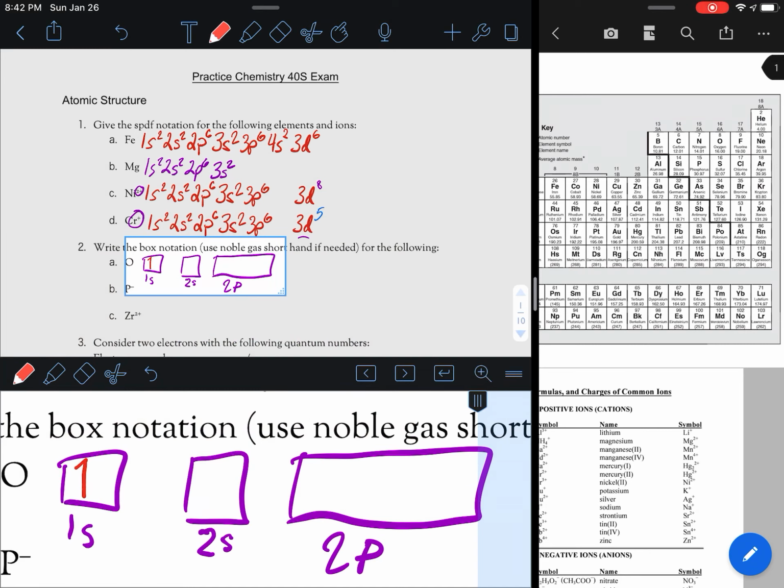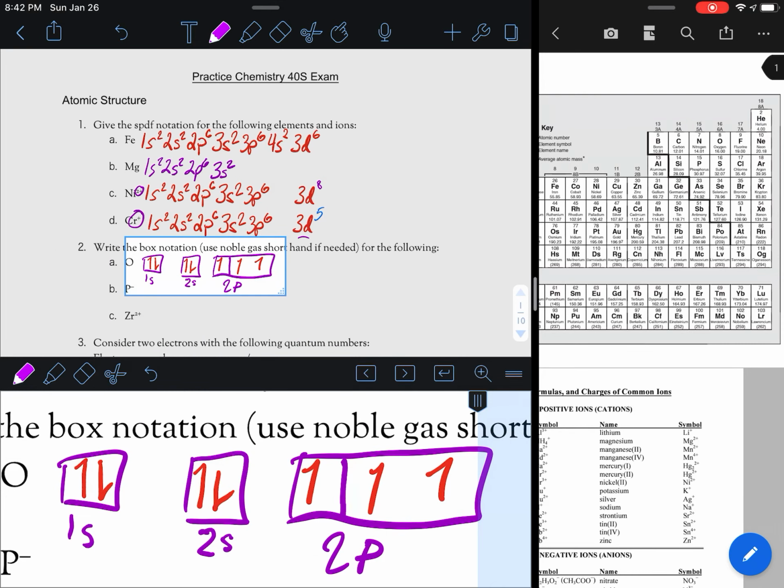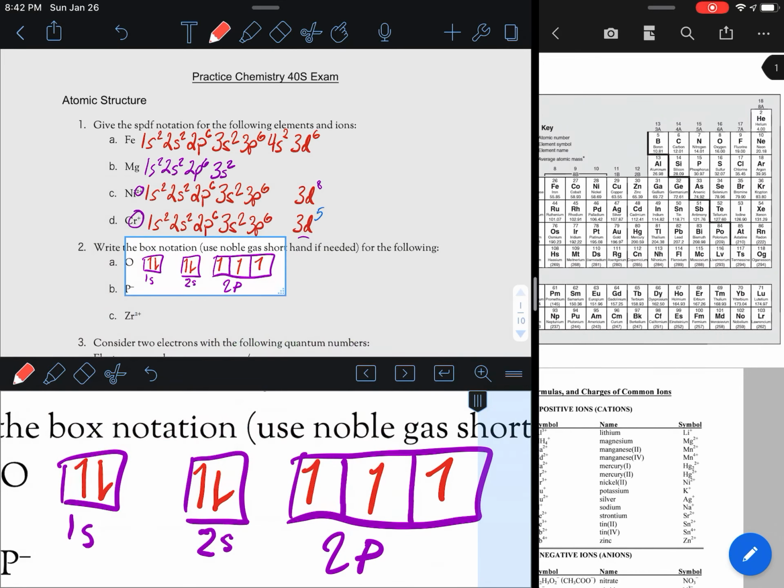Remember to go up, and then down, up, and then down, and then up, and then up, and up. We have to fill every single box first, and then pair up. If we have any extra, so 1, 2, 3, 4, 5, 6, 7, I only have 7 done so far. I do need 1 extra electron.